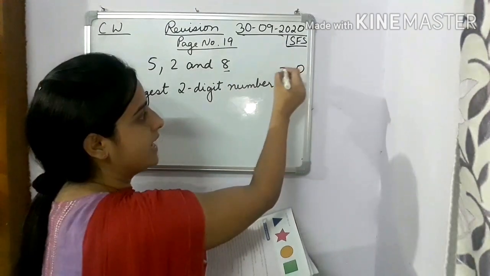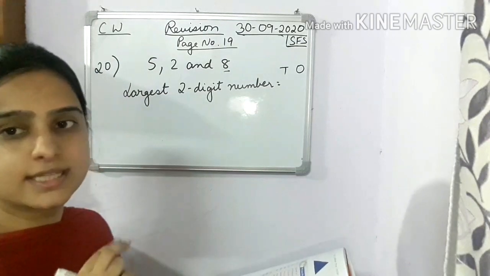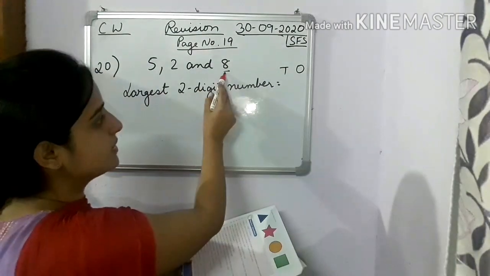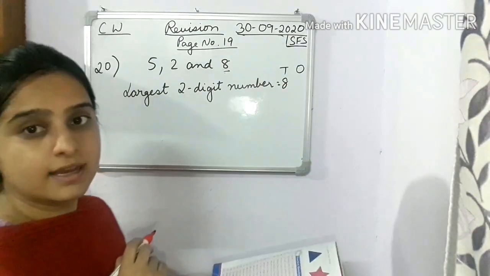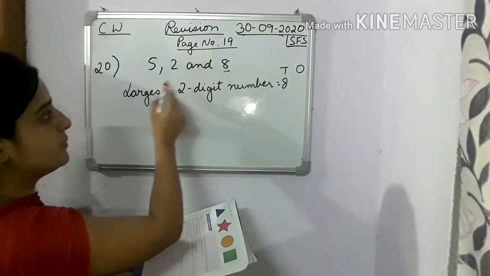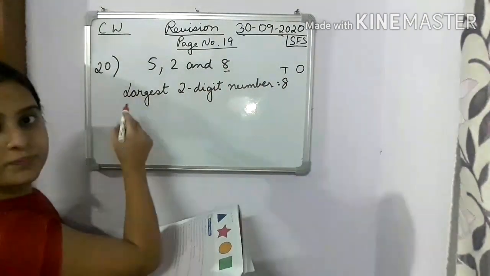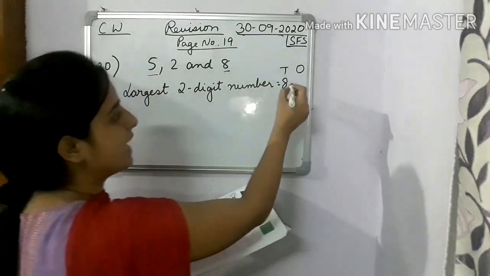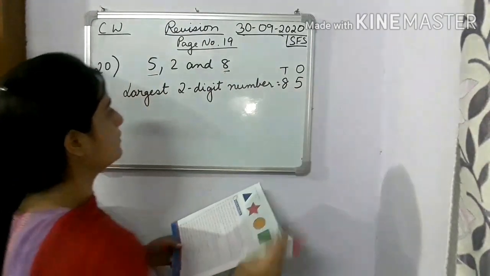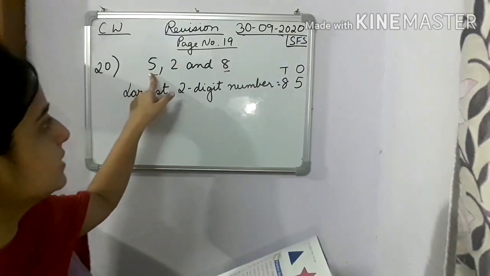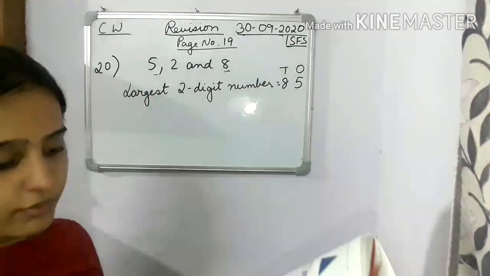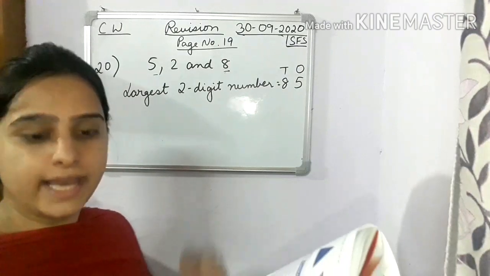This is ones and tens. We have to make a two-digit number, right? So the largest digit, children, will come in tens place. After 8, which is the bigger, children, between 5 and 2? 5. So we'll write 5 in ones place. So this is how we get the largest two-digit number from the digits 5, 2 and 8.